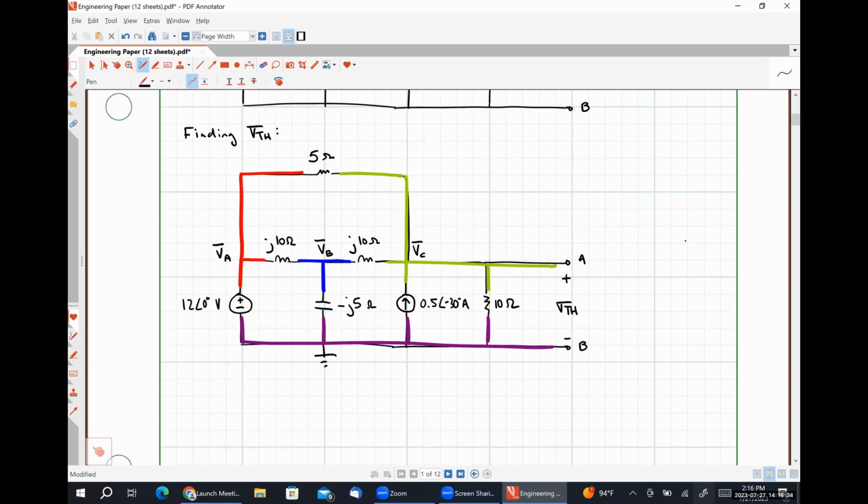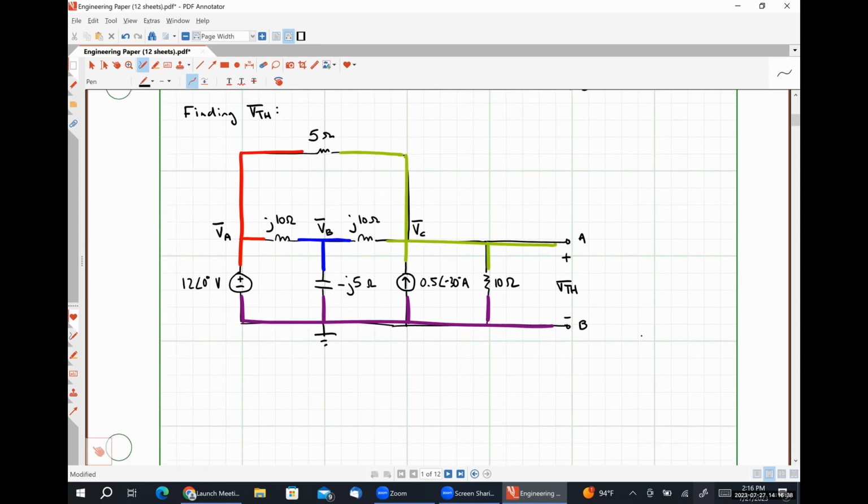So because we have a voltage source, I'm going to have a voltage relationship equation. So my first equation for this system is VA is equal to 12 angle 0 degrees volts. My supernode contains ground, so I do not need to write a KCL equation at node A.